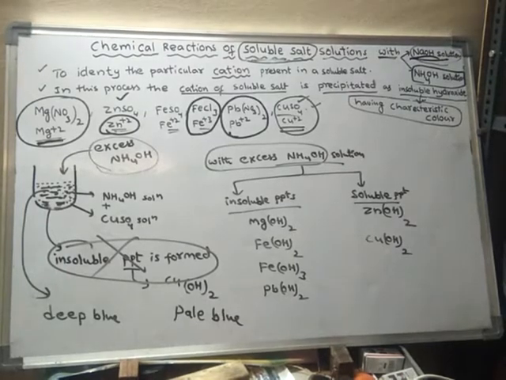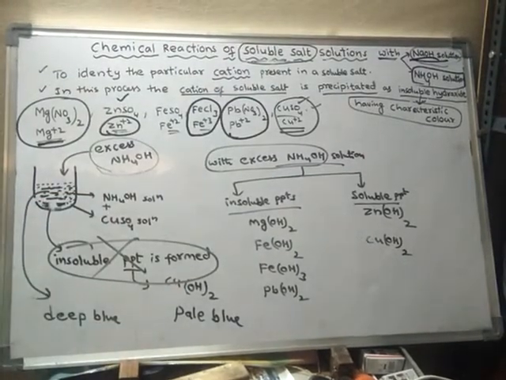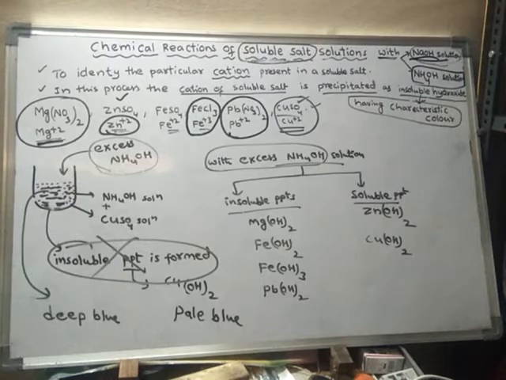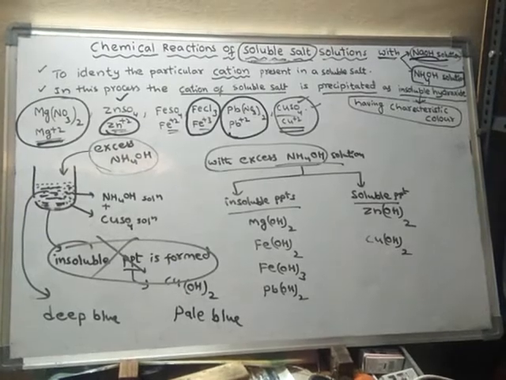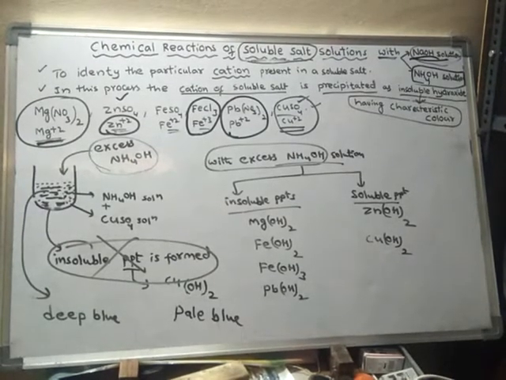The same concept is given in the form of tables in the textbook. After going through this video, learn those two tables, one related to sodium hydroxide and the other to ammonium hydroxide, and become perfect in this concept.